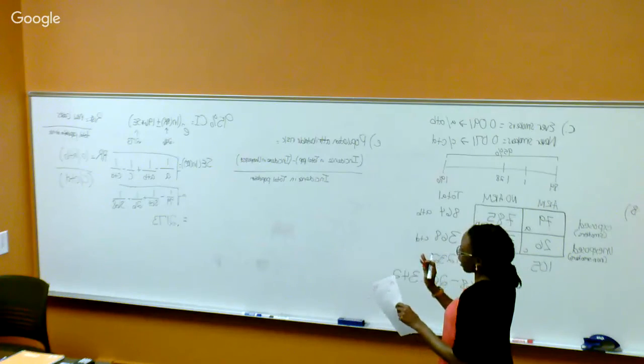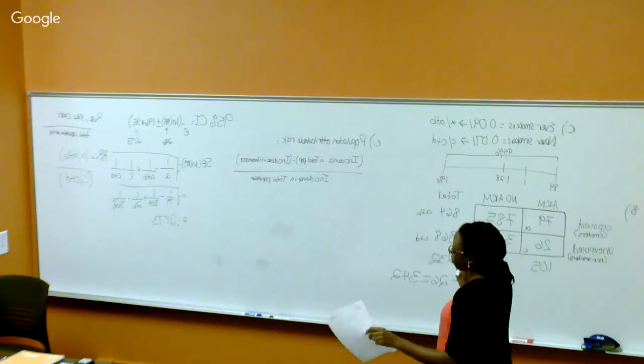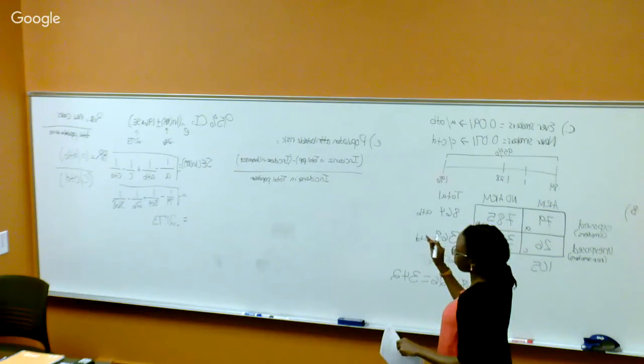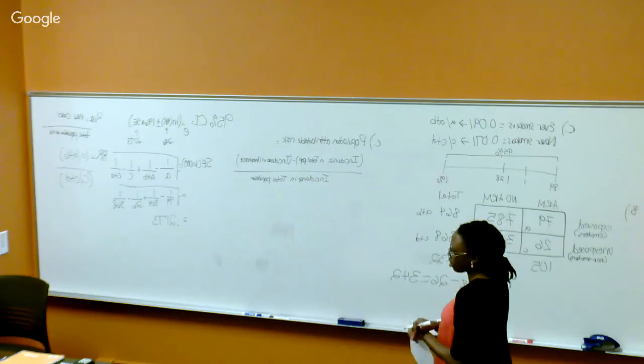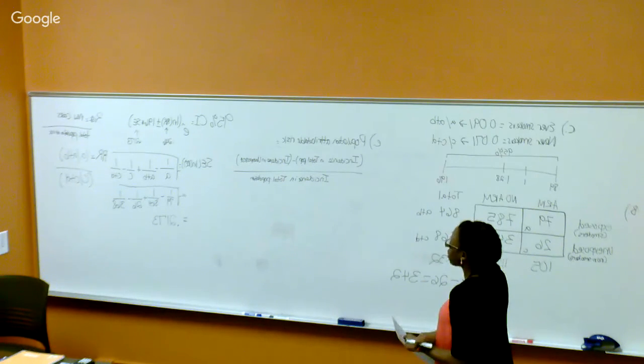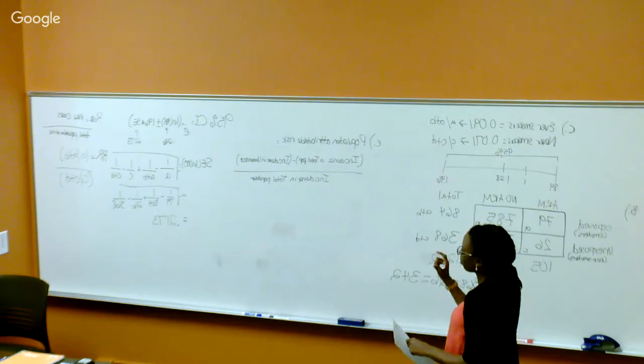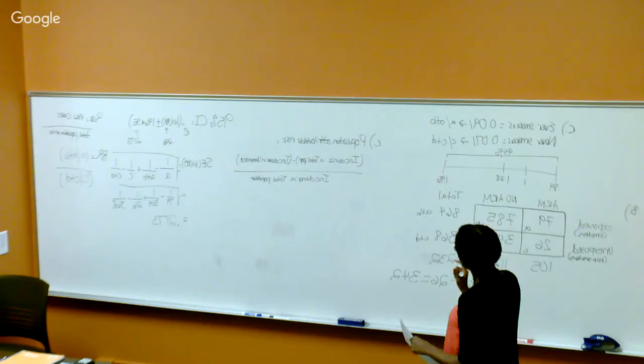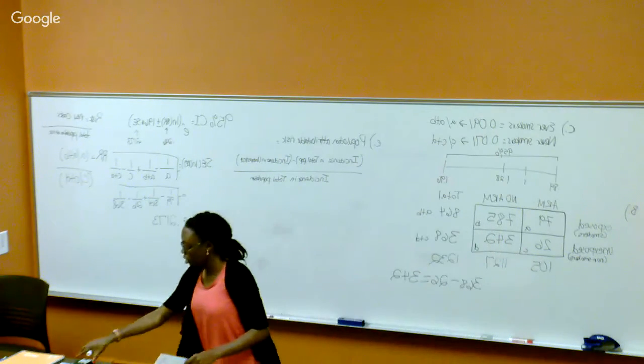You just want to look at, out of everybody, how many people got the disease. Okay. So is that the 0.091 plus 0.071? Well, you can't just add, well, actually, I don't know if that comes out to the same thing or not. Let me see.